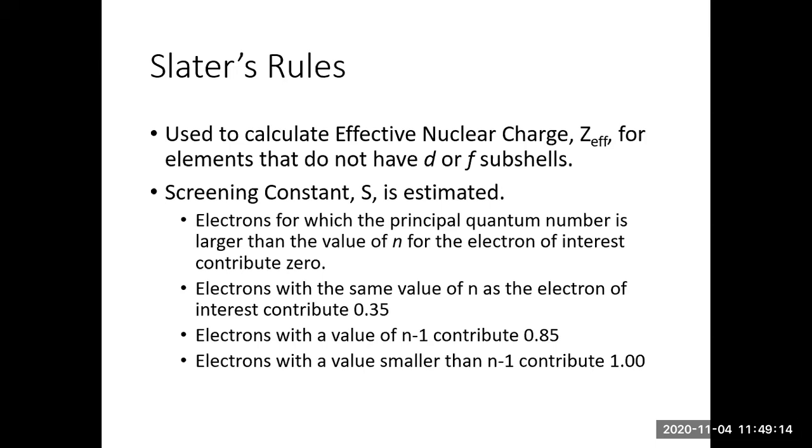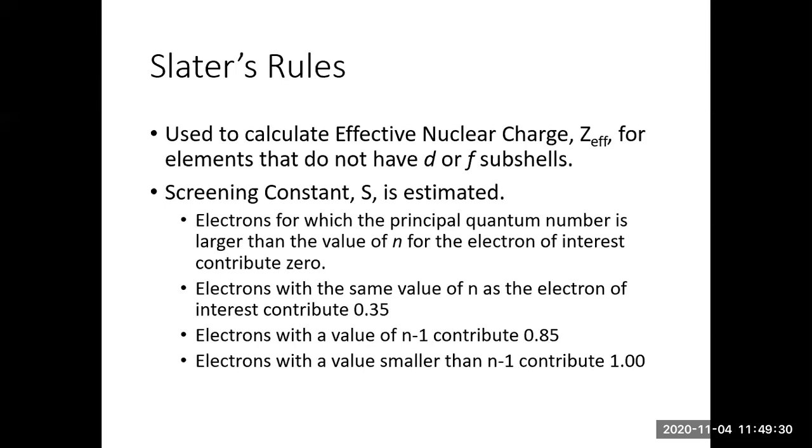So the rules, Slater's rules, say that electrons for which the principal quantum number is larger than the value of n for the electron of interest contribute 0. That makes sense.